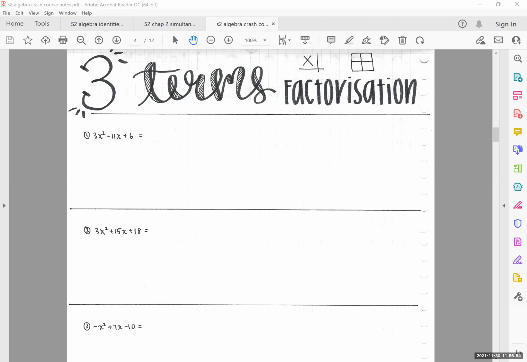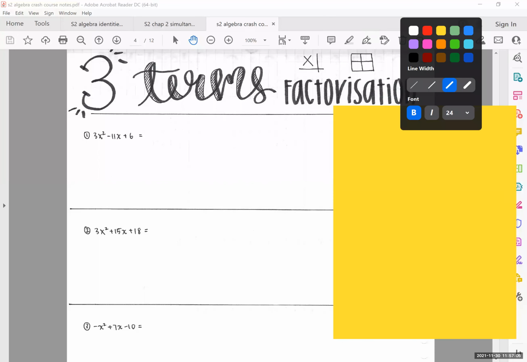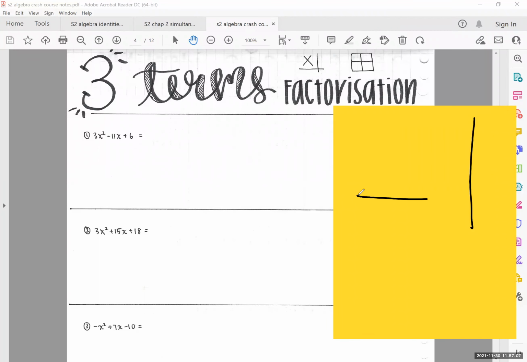So how to do cross? There are a few things you need to know, so I need your full attention. What is cross? You need to know the positioning. I repeat, you need to know the positioning. So we have cross here, right? Can you see what symbol it looks like? Multiply.